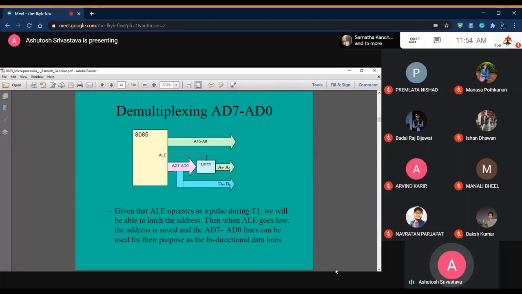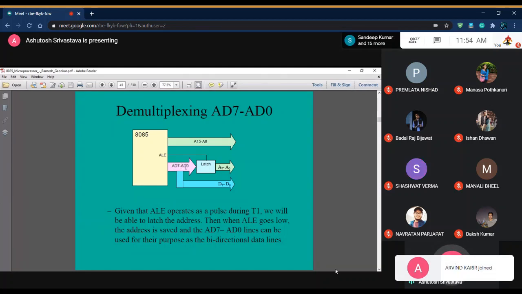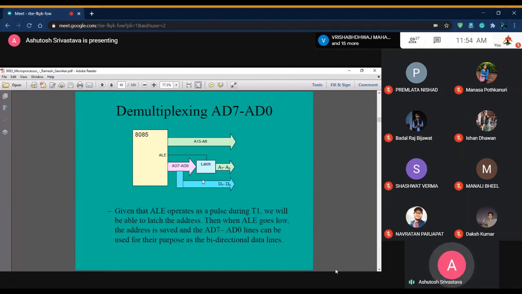Then you have the other 8 bits, AD0 to AD7. It is bifurcated into 2. One is only talking about your data D0 to D7, and using this latch, it is talking about the lower order of your addresses. And this latch is enabled by your ALE system or your latch enabler.